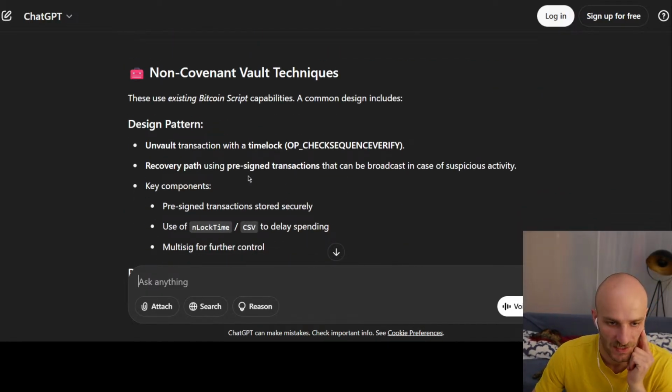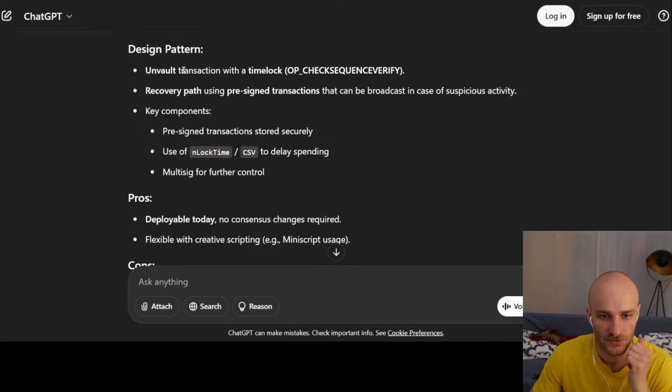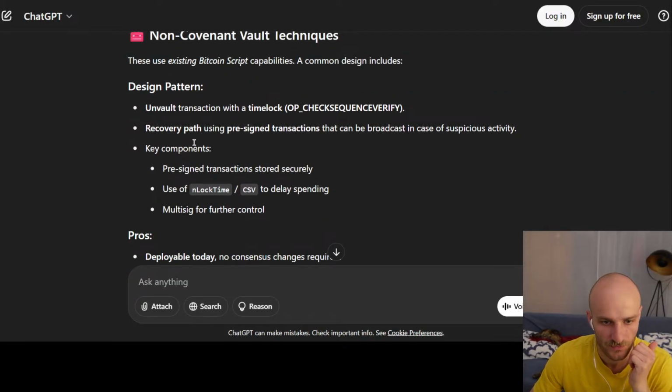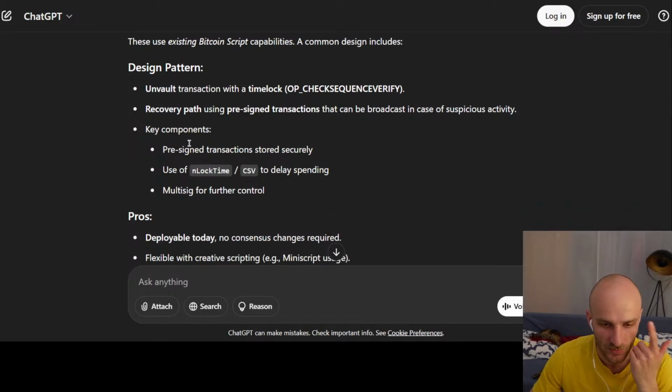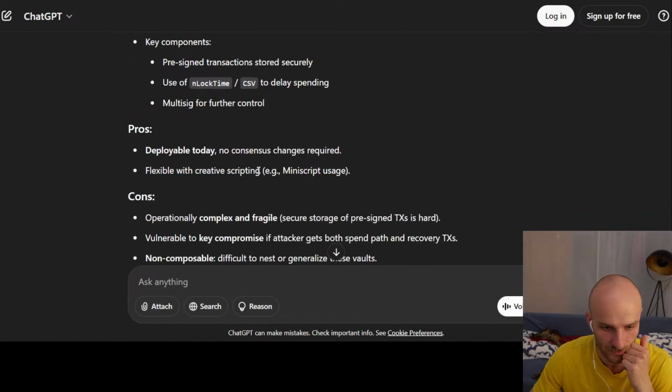Non-covenant vault techniques: these use existing Bitcoin script capabilities, and a common design includes an unvault transaction with a time lock, and a recovery path using a pre-signed transaction that can be broadcast in case of suspicious activity. Key components: pre-signed transactions stored securely, use of CSV to delay spending, multi-sig for further control.